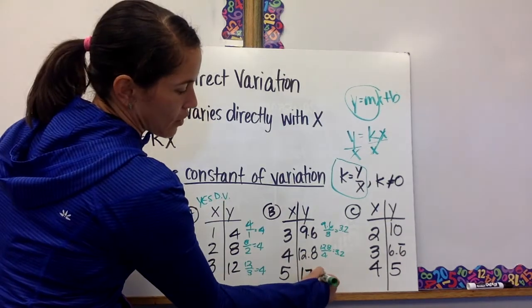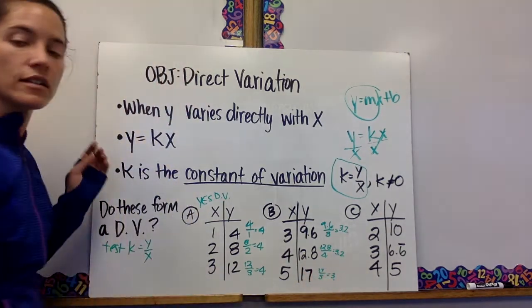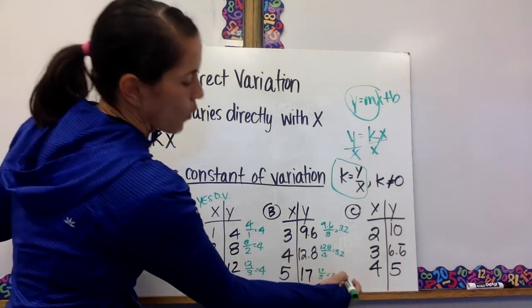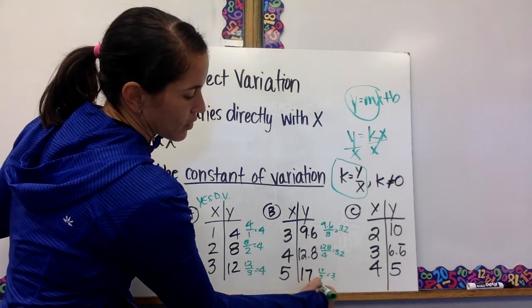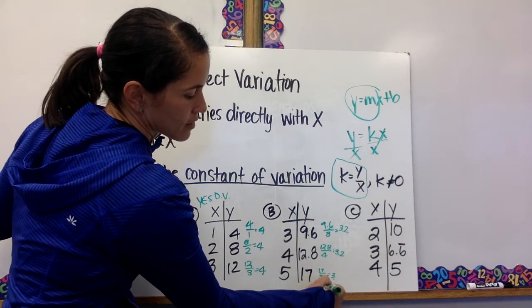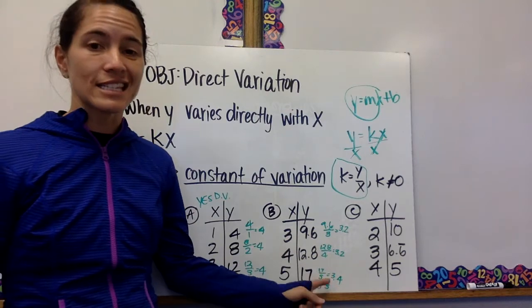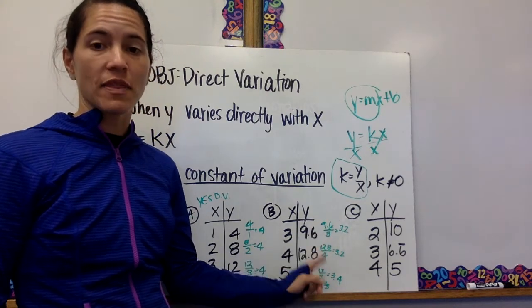And then 17 over 5 is, type in your calculator, 3.4, because it's really 3 and 2/5. That would be the mixed number. So 3.4. Since this one is different, even though these two are the same, this one is different.